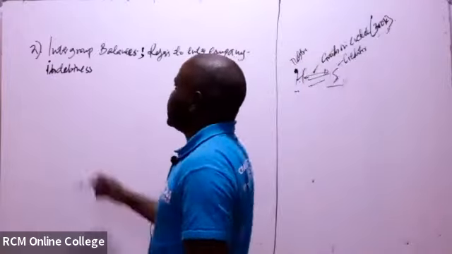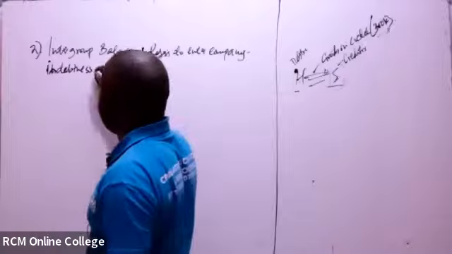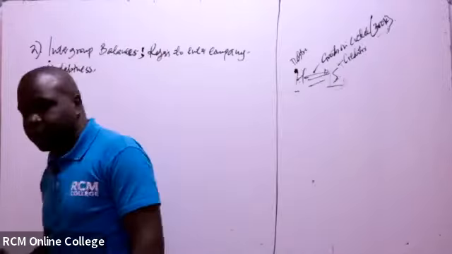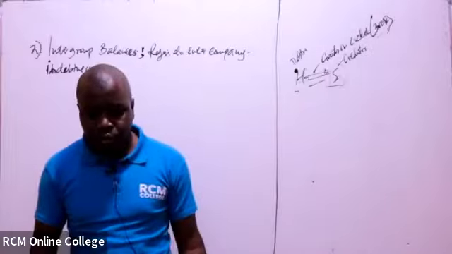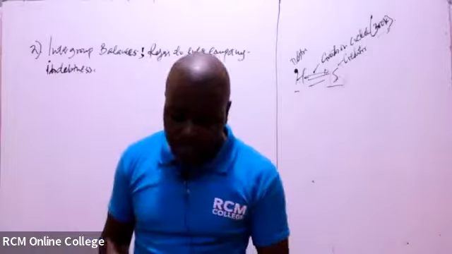So we call it intergroup balances. How do we treat these intergroup balances? That is now the question. That is our main focus, our main concern, to know how we treat the intergroup balances.